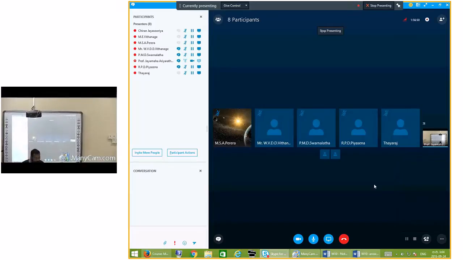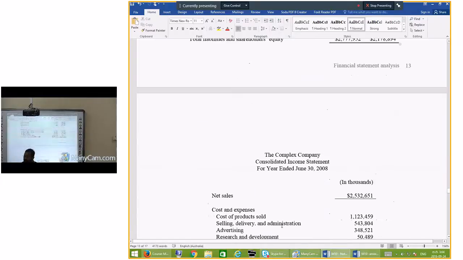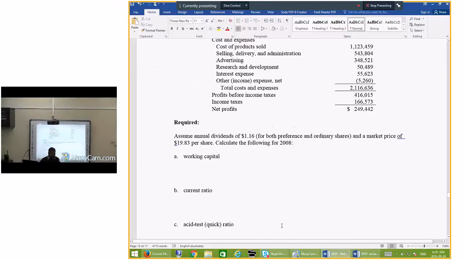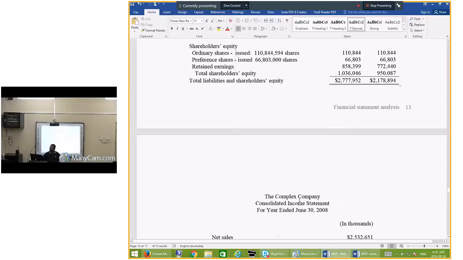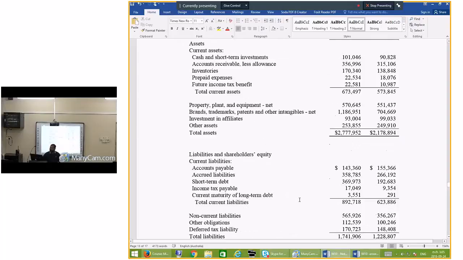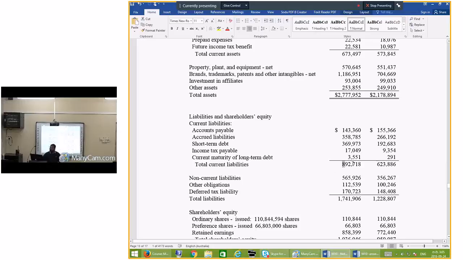First question is working capital. As you all know, working capital is current assets minus current liabilities. Now in this case, current assets total 673,497. Current liabilities 892,780.